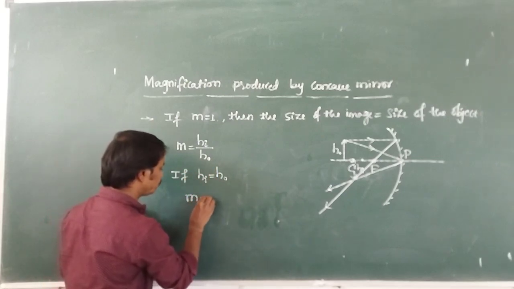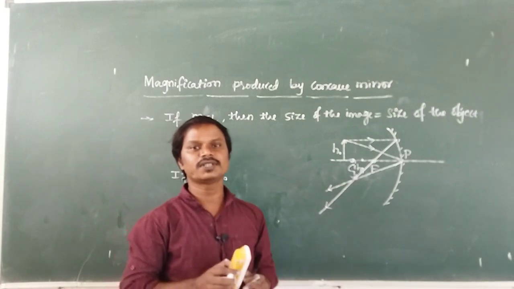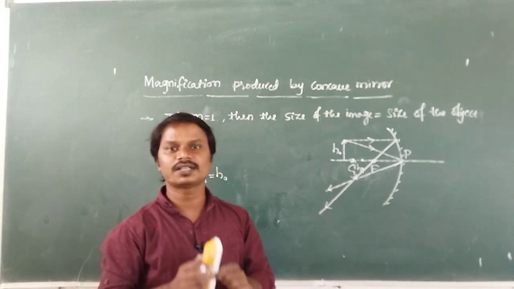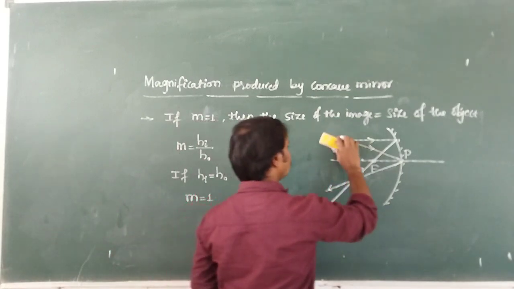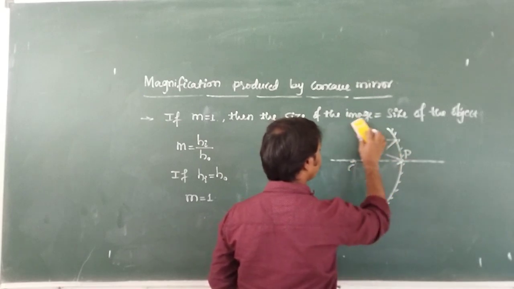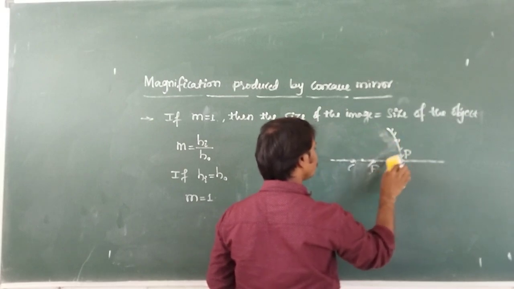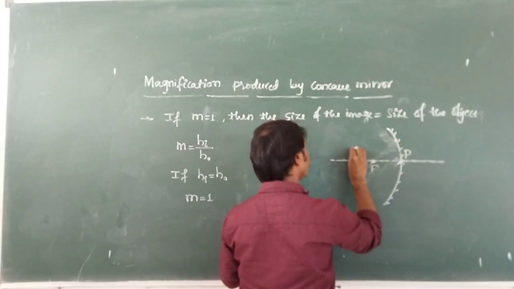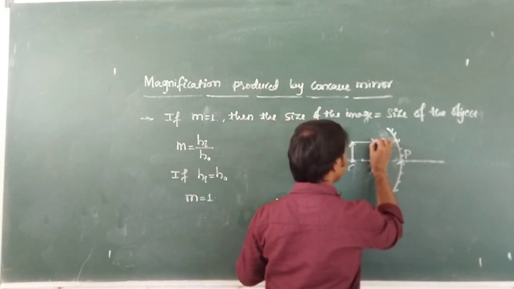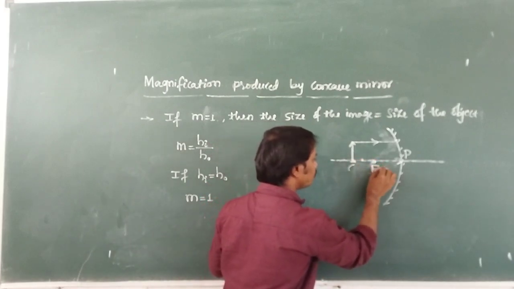Then for what position of the object is the magnification produced by a concave mirror 1? When the object is at the center of curvature of the concave mirror. So let us draw the ray diagram. The object is at the center of curvature. The first incident ray is parallel to the principal axis. After reflection, the reflected ray passes through the focus.